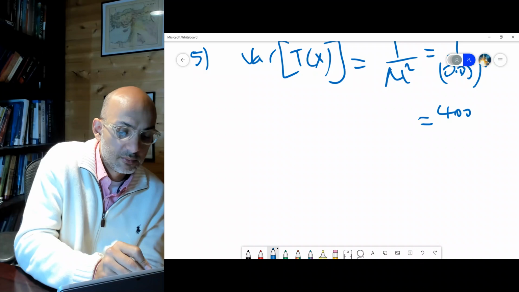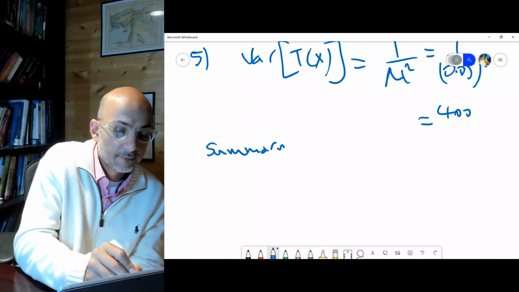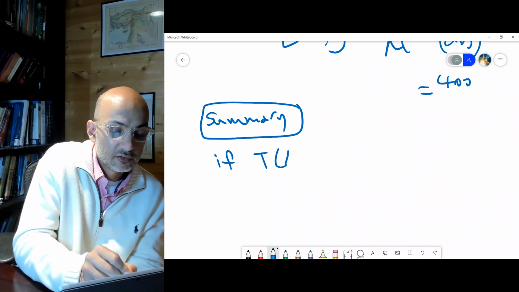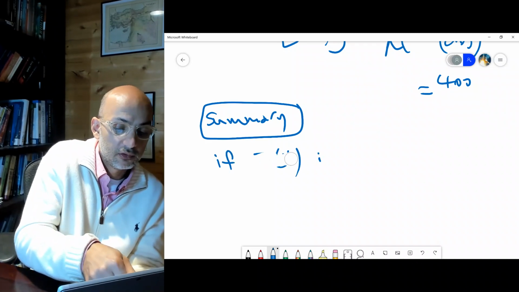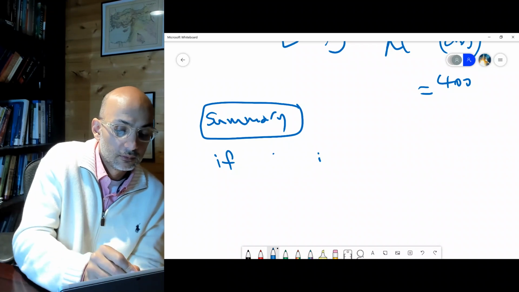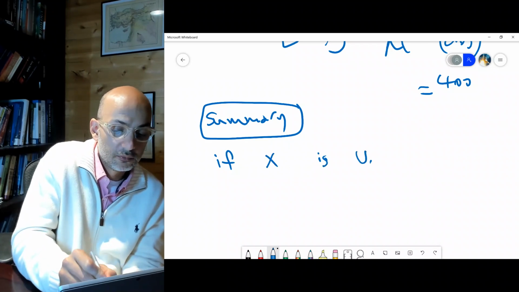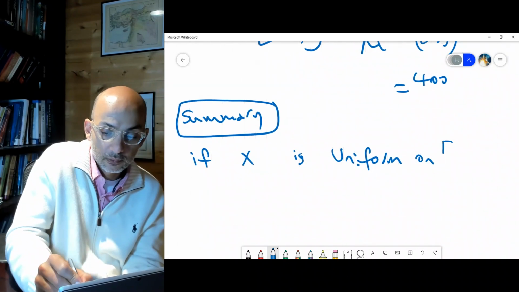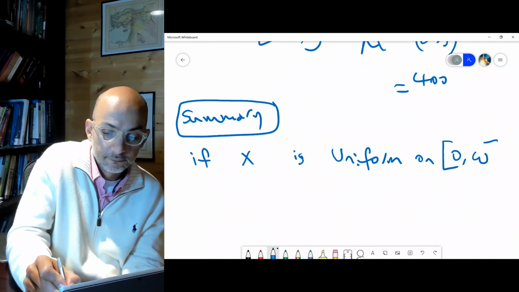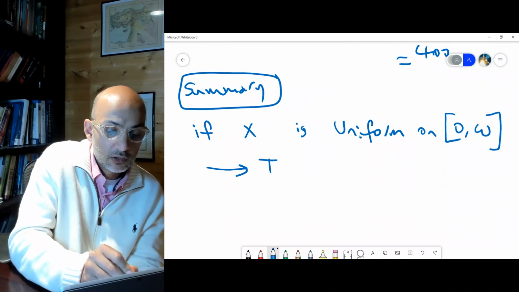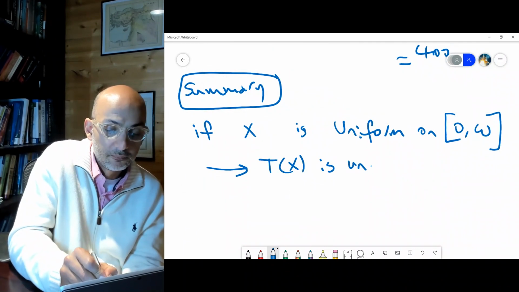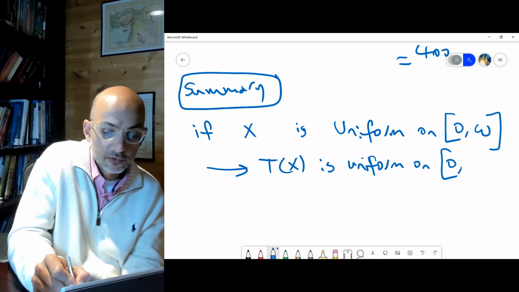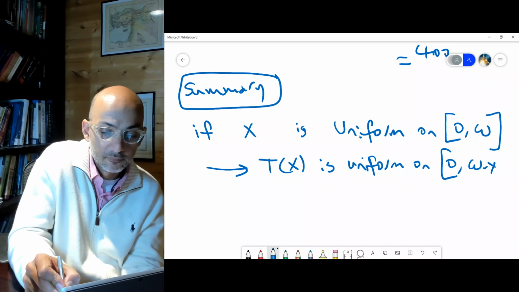So let's summarize here. Summary. If x is uniform on 0 to omega, then T of x is uniform on 0 to omega minus x.